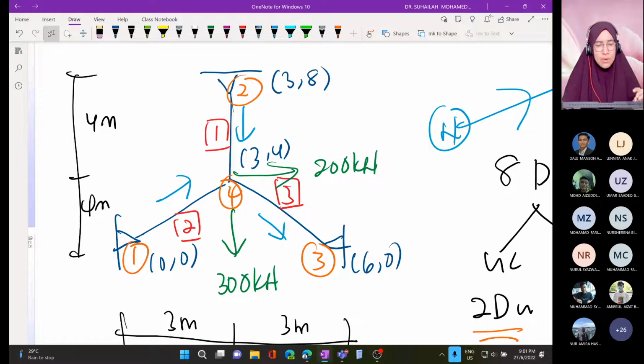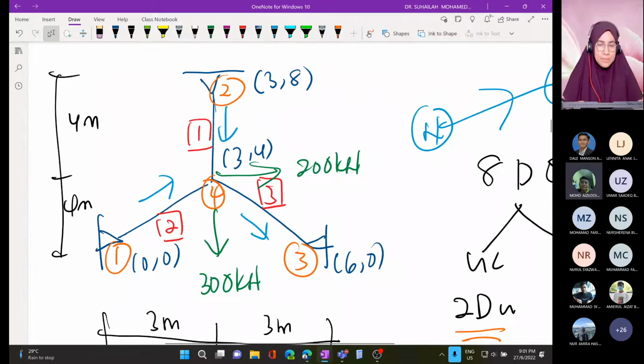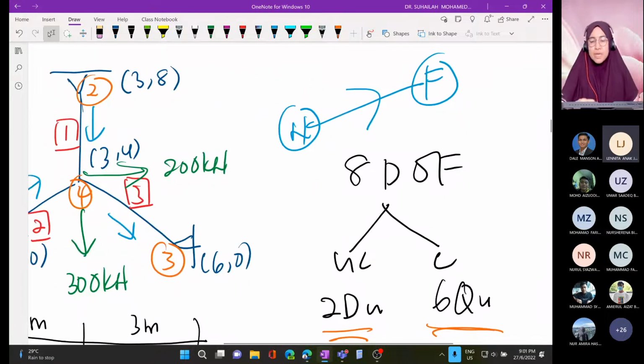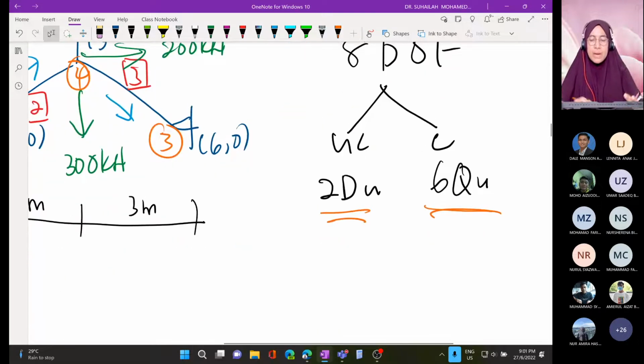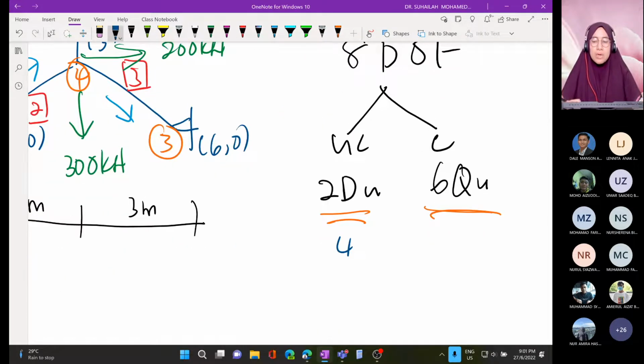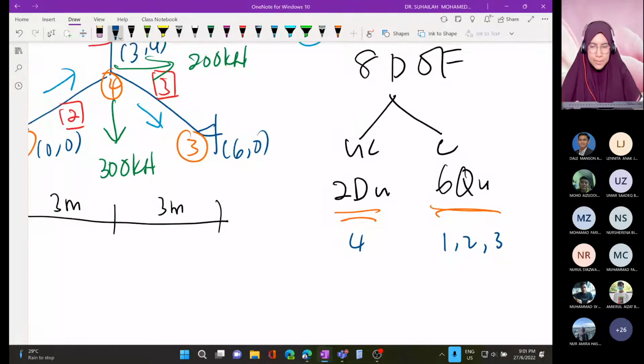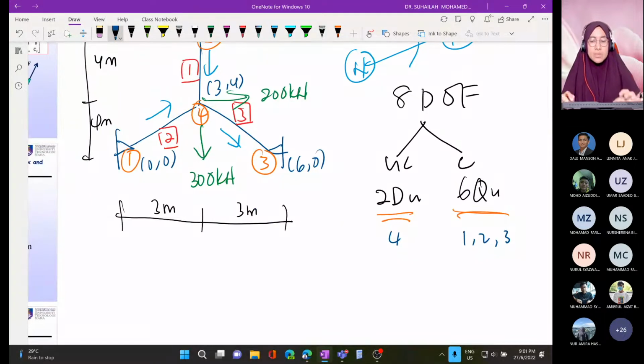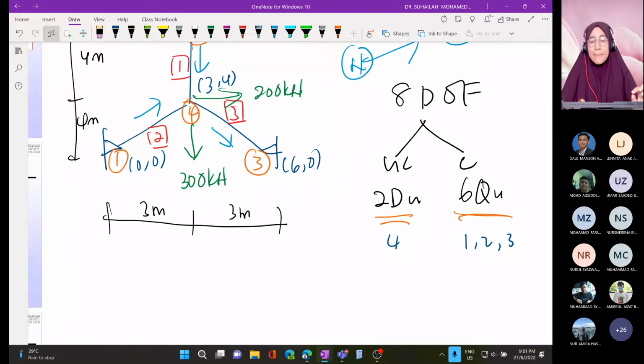Which node is unconstrained? Node 4 is unconstrained. So node number 4 is unconstrained. Okay, so 1, 2, 3 are constrained.